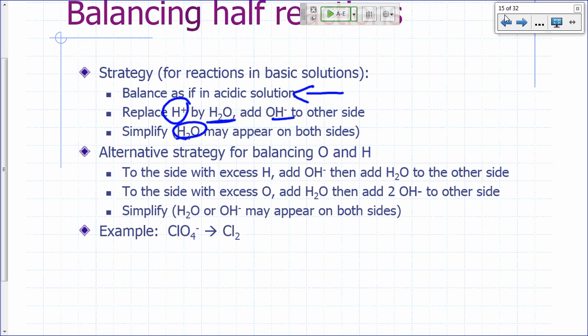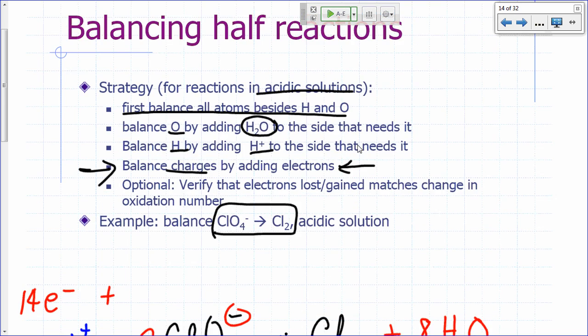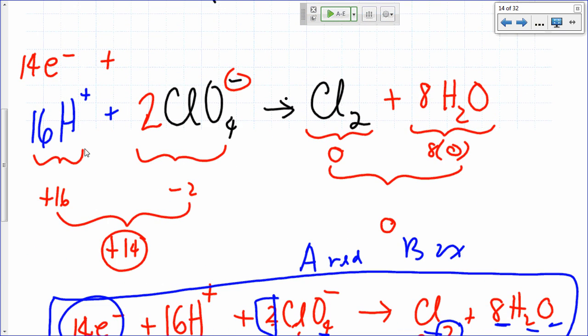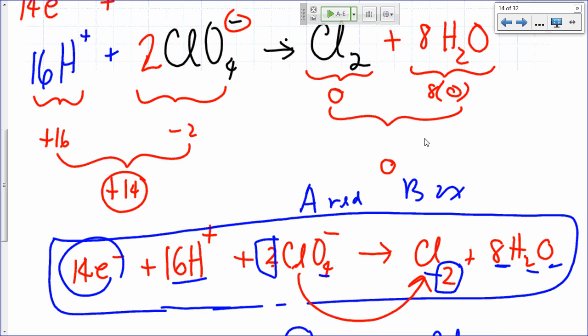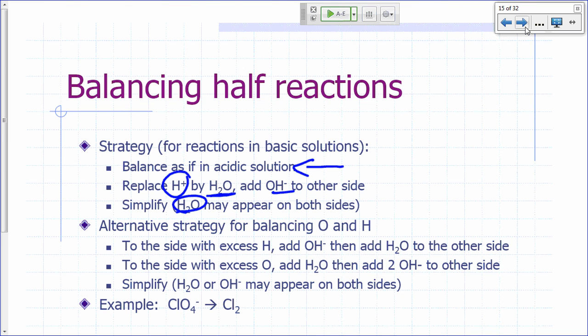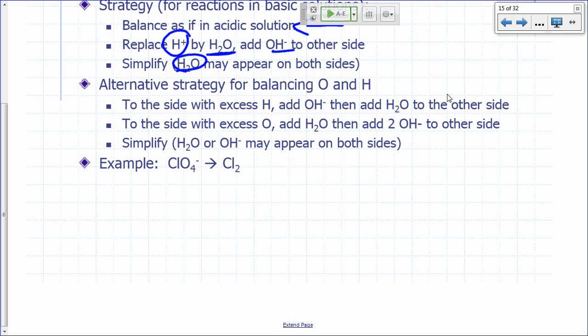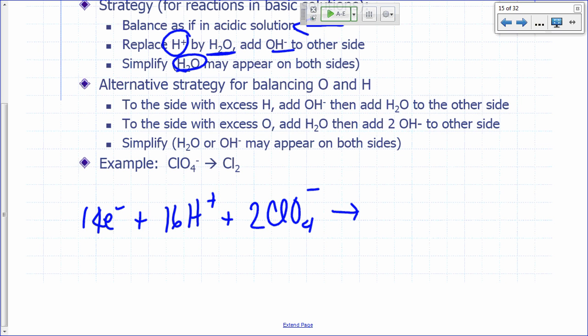Let's illustrate that with what we just had earlier. What was our balanced equation? 14 electrons plus 16H plus 2 perchlorates gives you Cl2 plus 8H2O.